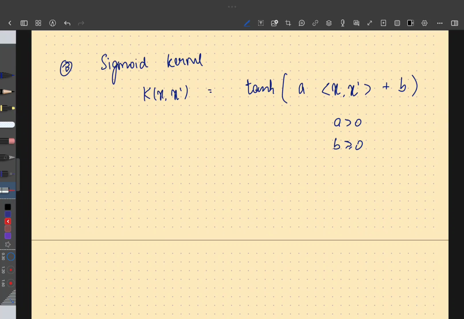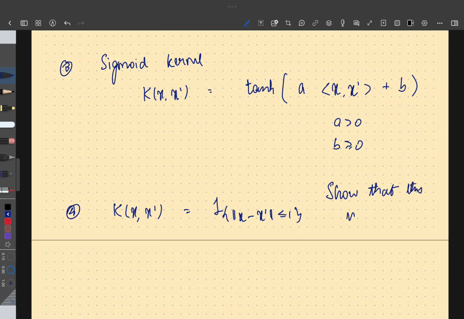Here is an example of something which is not a positive definite symmetric kernel: K of x comma x prime equal to the indicator of norm of x minus x prime less than or equal to 1. Show that this is not a PDS kernel.